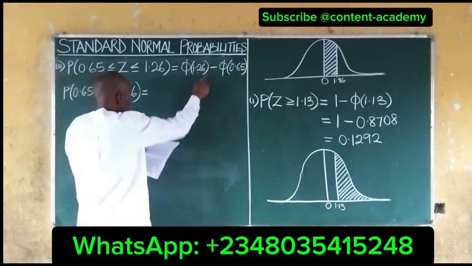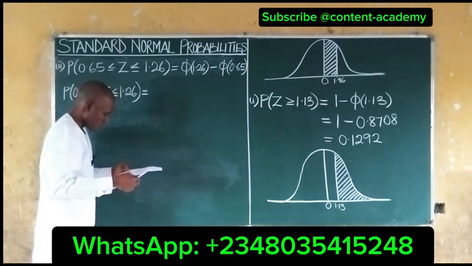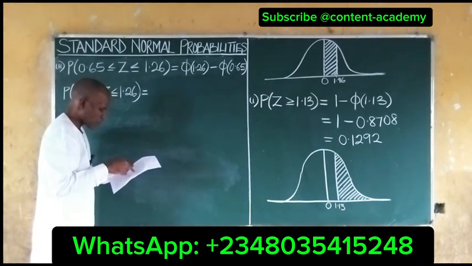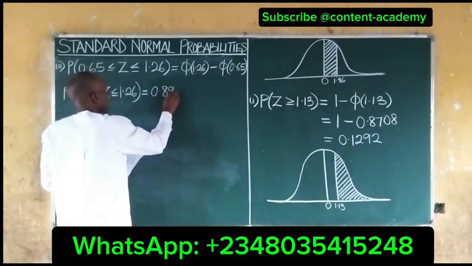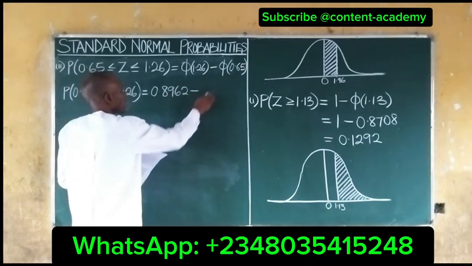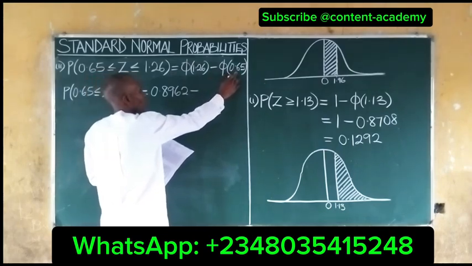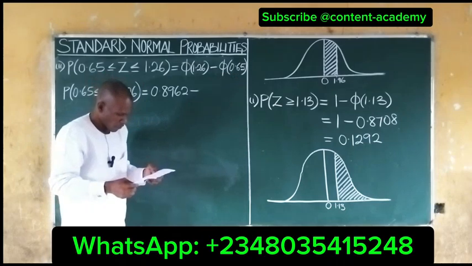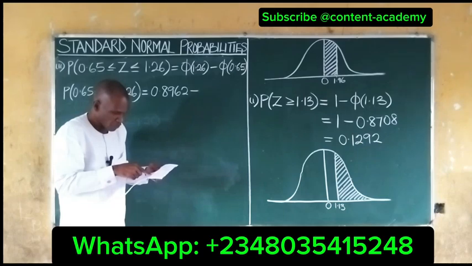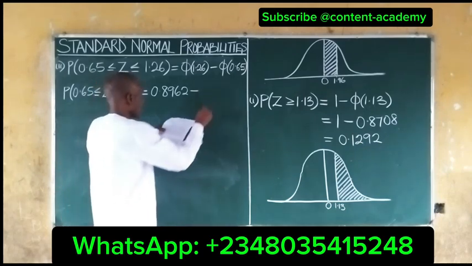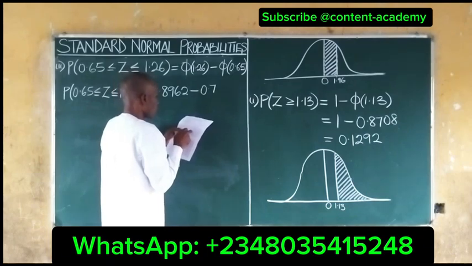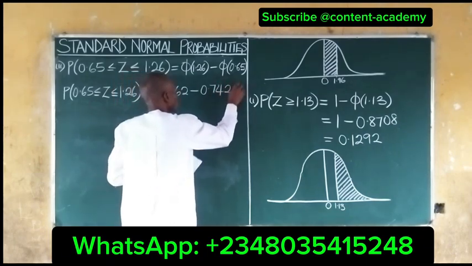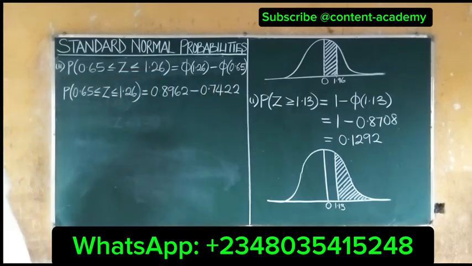So 1.2 under 0.06, we have 0.8962, minus 0.6 under 0.05, we have 0.7422. All we need to do is to use our calculator.